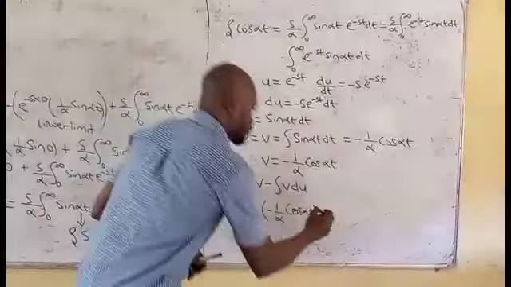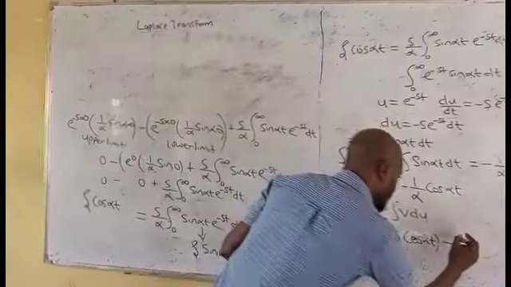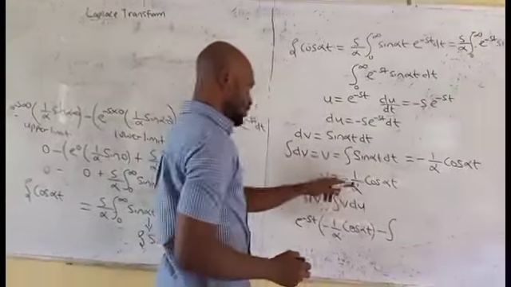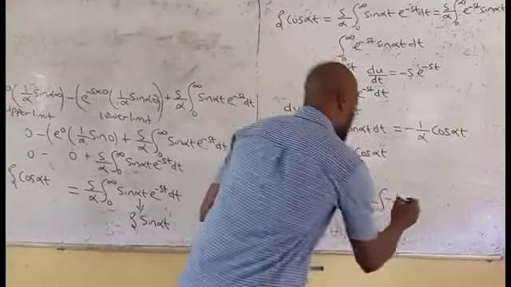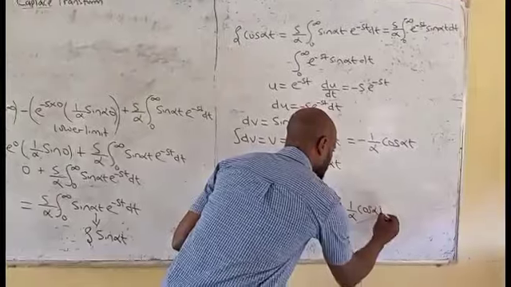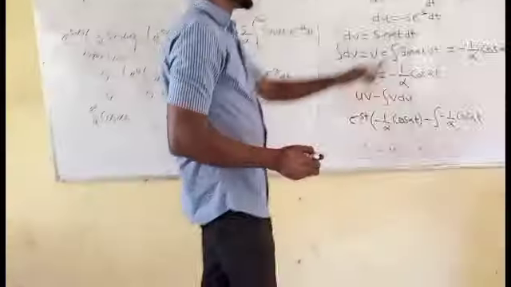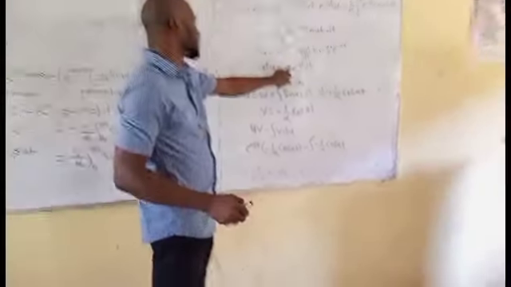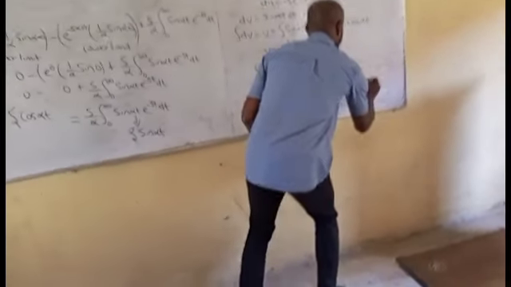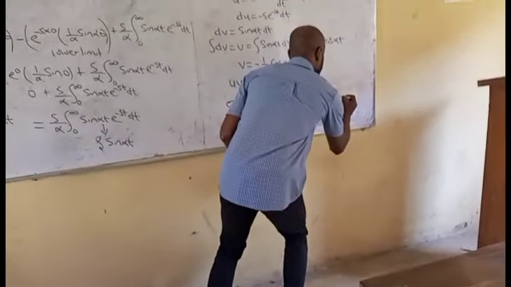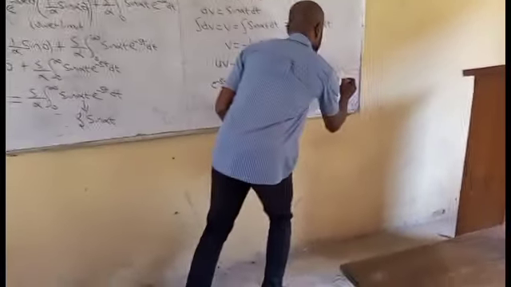Then minus the integral of v, which is still minus 1 over alpha cos alpha t, times du. My du is minus x multiplied by exponential minus st times dt.